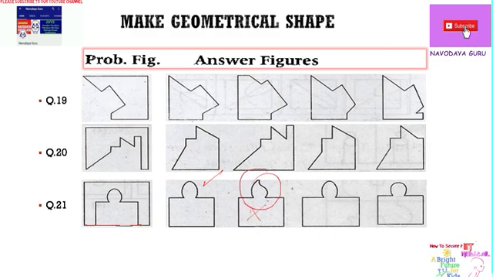In option 3, this is very wide, so this is not the answer. In option 4, this is too narrow. This shape is also not that much matching. So option 1 is the correct answer for question number 21.